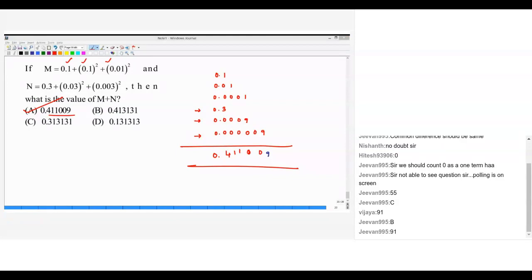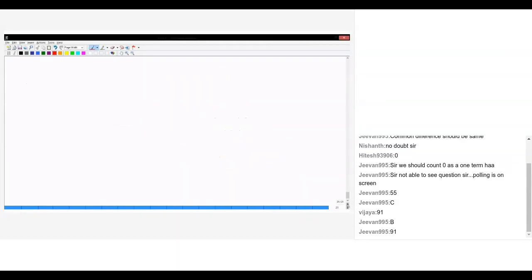Next. You know very well of this formula.